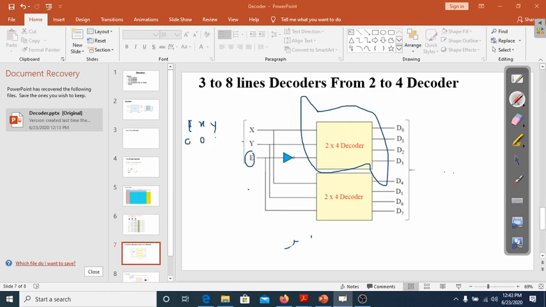When X and Y are 0, the output would be D0. Next, when X is equal to 0 and Y is equal to 1 and the selection line is still 0, the output would be D1.